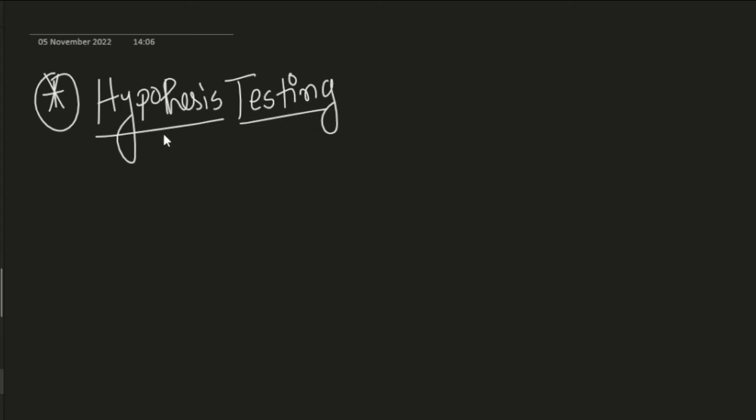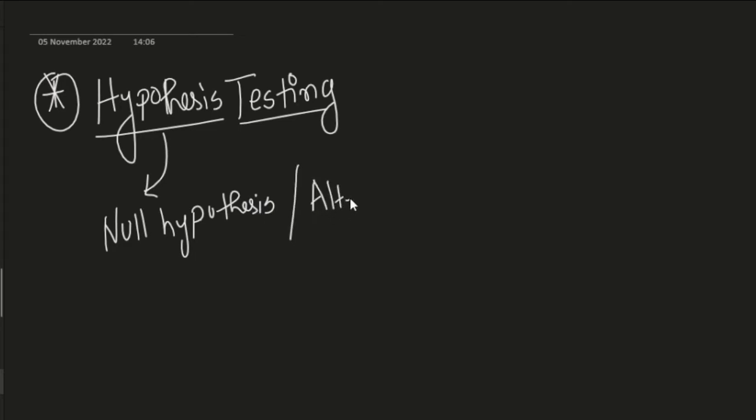So there are two kinds of hypothesis. The null hypothesis is written as H naught, which is this, while the alternate hypothesis is written as H1.